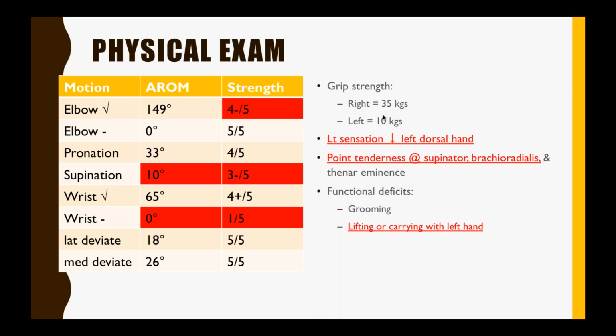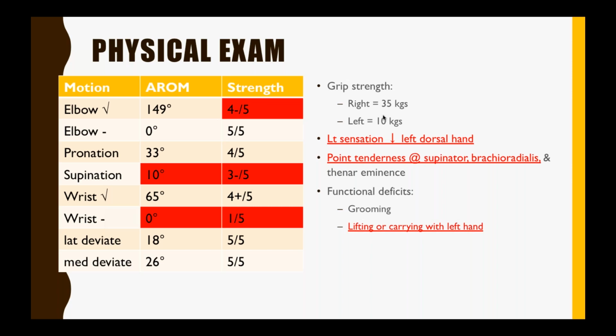Supination was weak, and wrist extension was also significantly weak. She had sensory changes over the radial distribution of the sensory nerve, with some point tenderness in the supinator and brachioradialis, and she had trouble doing basically any task with her left hand.